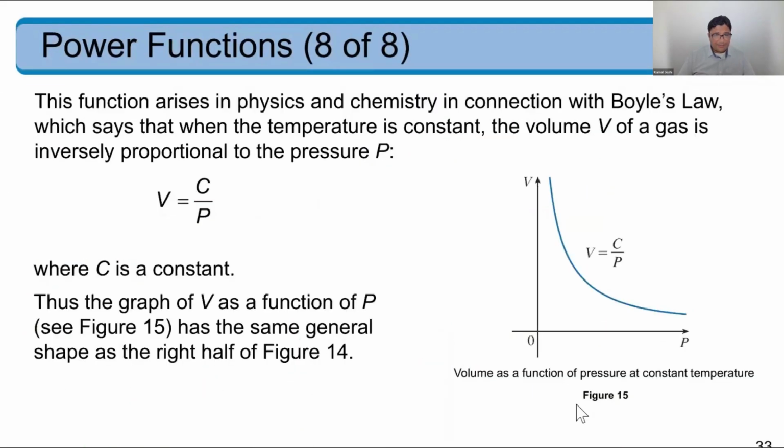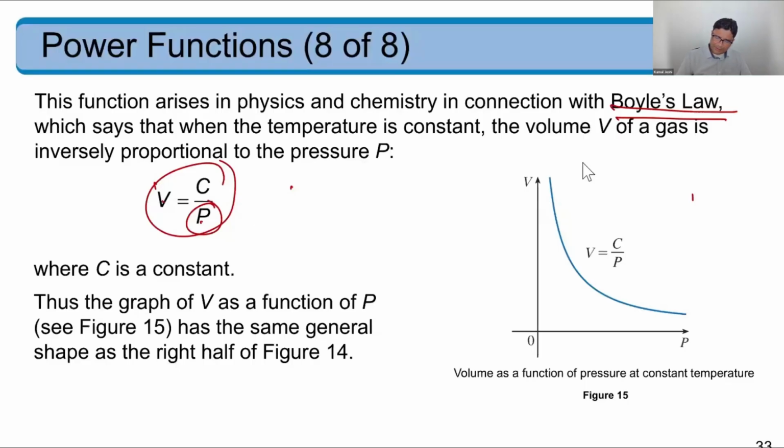Here is an example in the real world, Boyle's law, used in physics and chemistry. It talks about the relation between volume and pressure of a gas. It turns out they have this inverse relation, or reciprocal relation. What does that mean? If the pressure decreases, the volume will increase, it will expand.